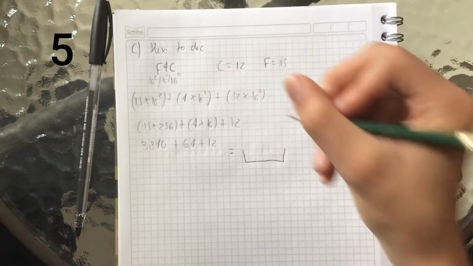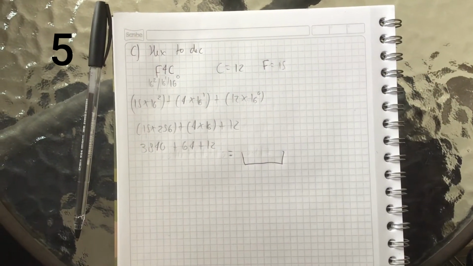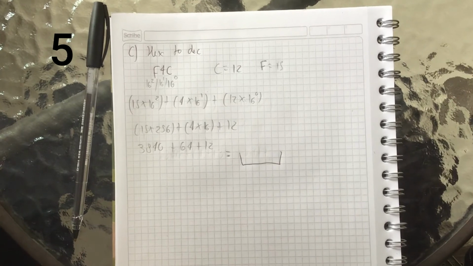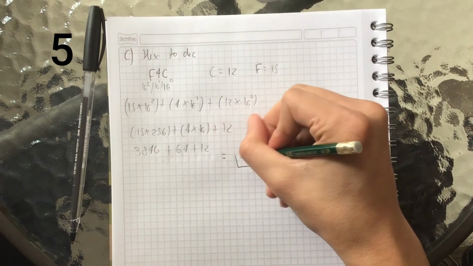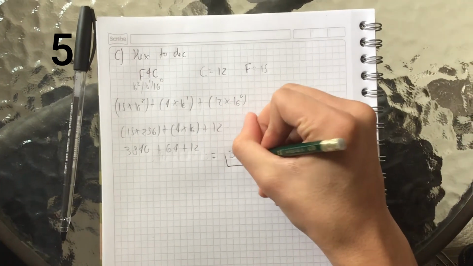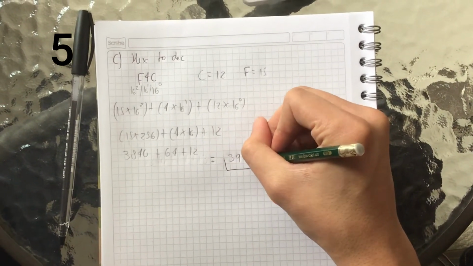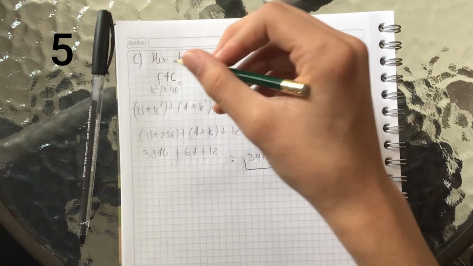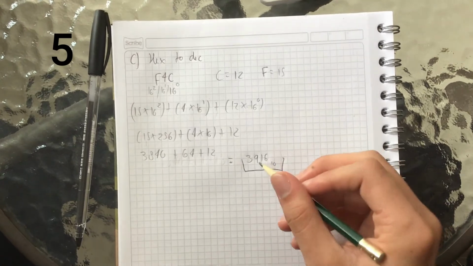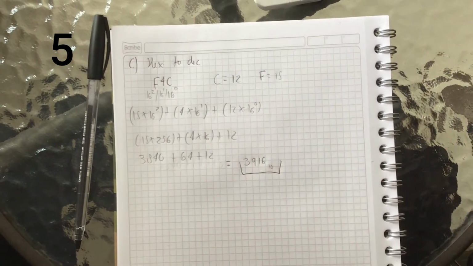So our decimal number would be 3840 plus 64 plus 12, and that would give us as a result 3916 in the base 10 system. Which means F4C in the hexadecimal system becomes 3916 in the decimal system.